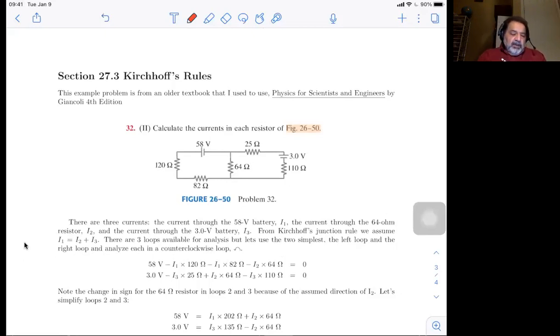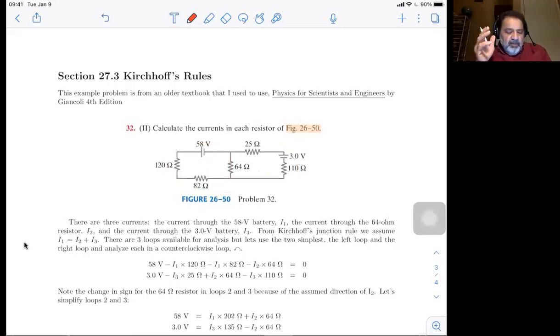I'm going to look at going out of the positive of the battery. So that puts me going in this direction and going in this direction. I'm looking at this loop. Now we could have also looked at this outer loop, but I chose not to do that.